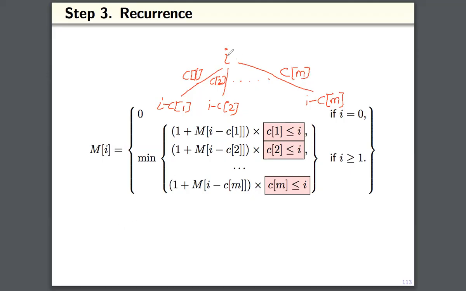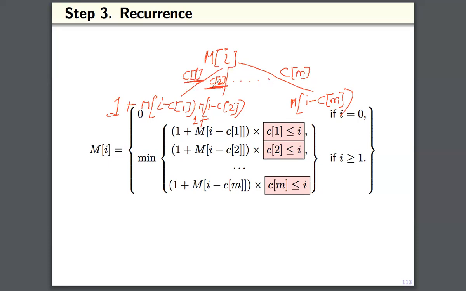So these are the subproblems. You used one coin here, right? So plus 1. You use this coin here, so plus 1. Here, which coin is used is not important.